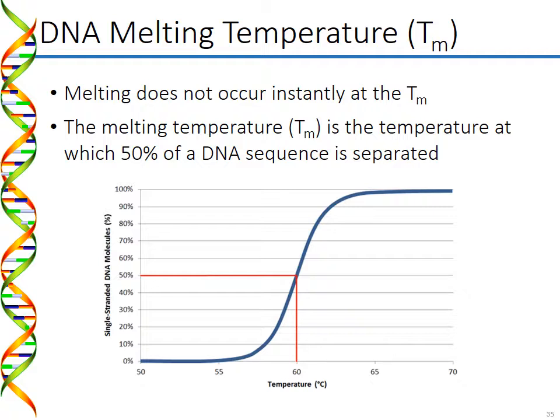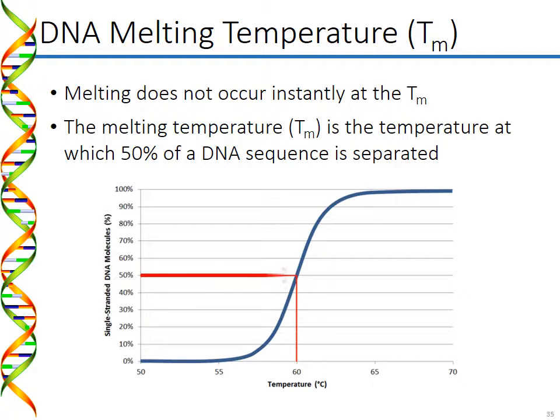At the right end of the graph, we see at high temperature that nearly 100% of the molecules are in their single-stranded formation and therefore have been denatured. The Tm, as I said, is the temperature at which 50% of these molecules are single-stranded, because the other 50% are clearly double-stranded.